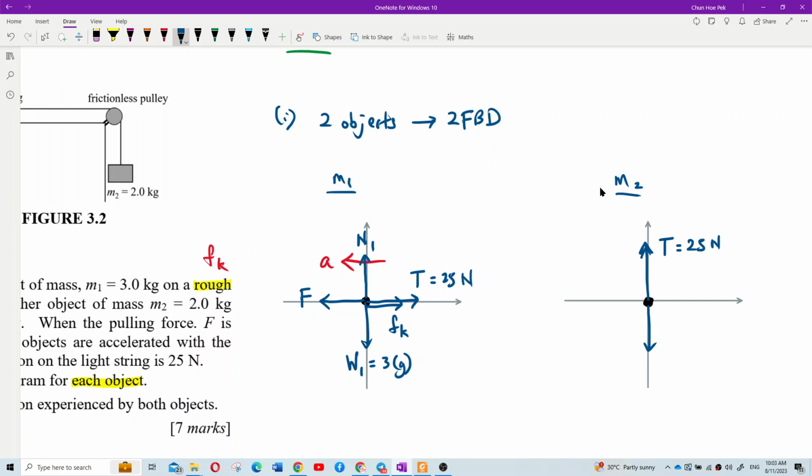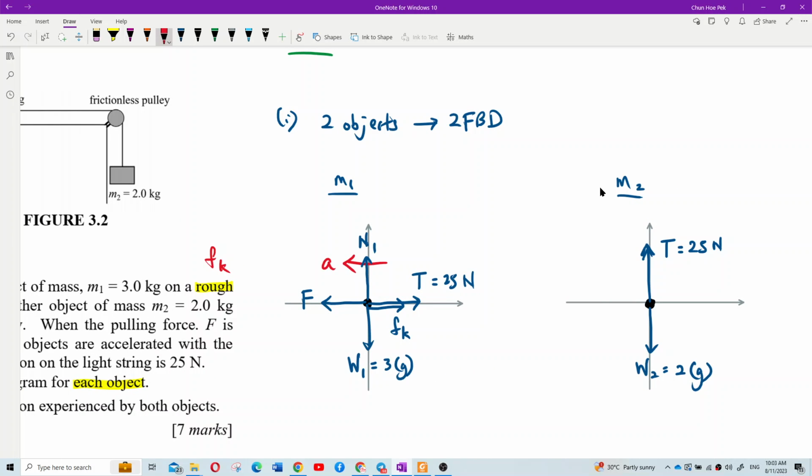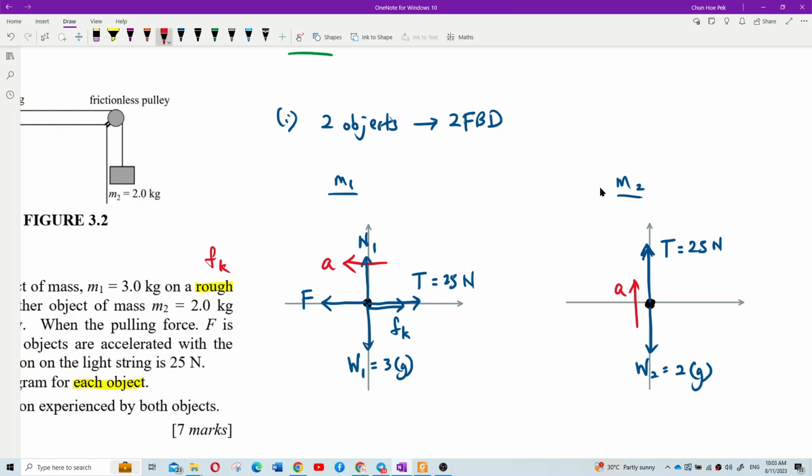Good. The weight going down is 2 kilograms, so 2g. Acceleration upward. Okay, done.